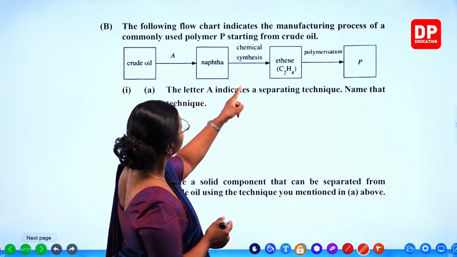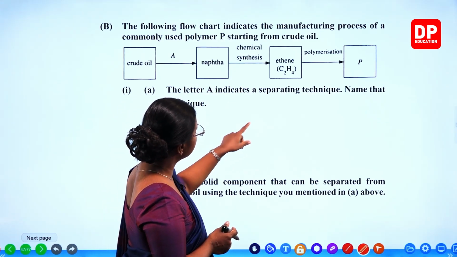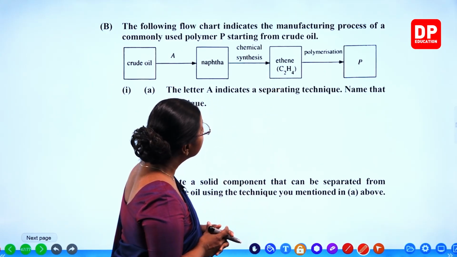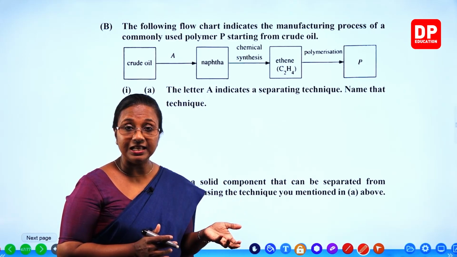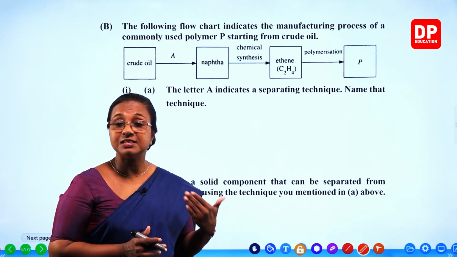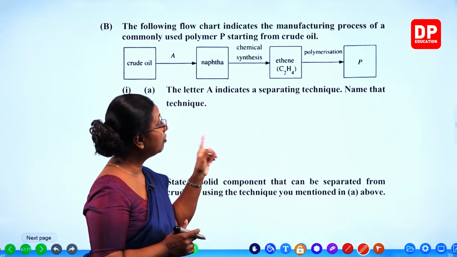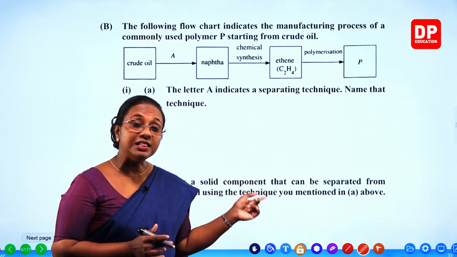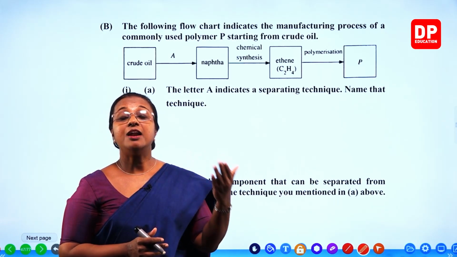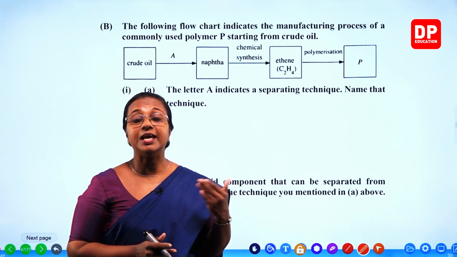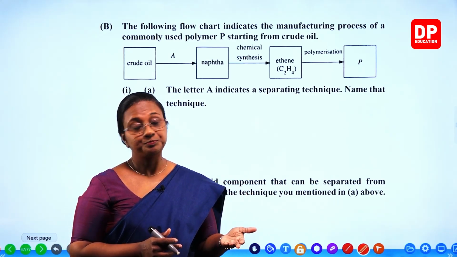Then from naphtha, there is a chemical synthesis that gives rise to ethene. Ethene is a hydrocarbon, C2H4, it is an alkene. You all can remember ethene has a double bond. So ethene can polymerize. So here you can see polymerization and form polythene. Polyethene is polythene.